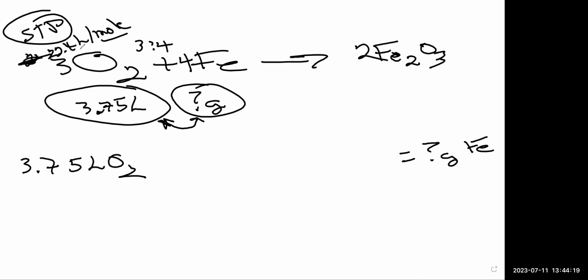Very analogous to the reaction that we were doing yesterday in the lab, where we have hydrochloric acid and the metal, and we're doing the calculations to figure out the limiting reagent. So what we're doing here is trying to figure out, if we start off with 3.75 liters of oxygen, how many grams of iron do we need? That is the question.